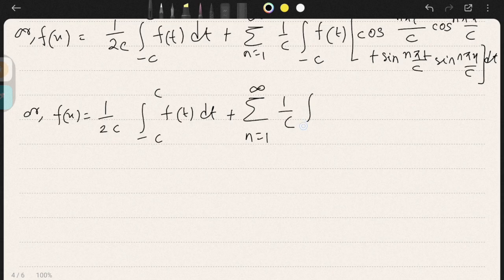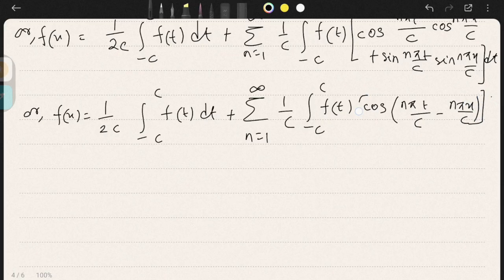So let's write f of t as it is, cos of n pi t by c minus n pi x by c, dt. That's it.